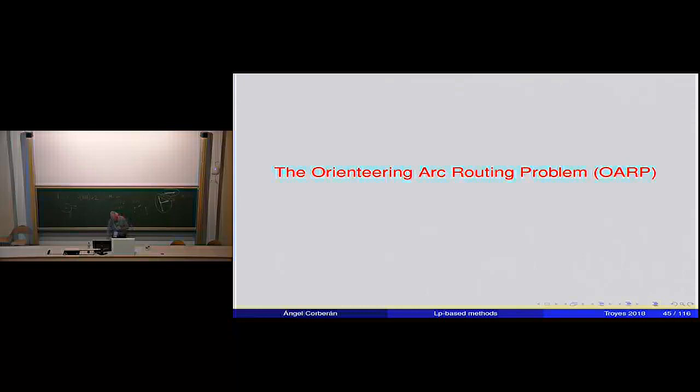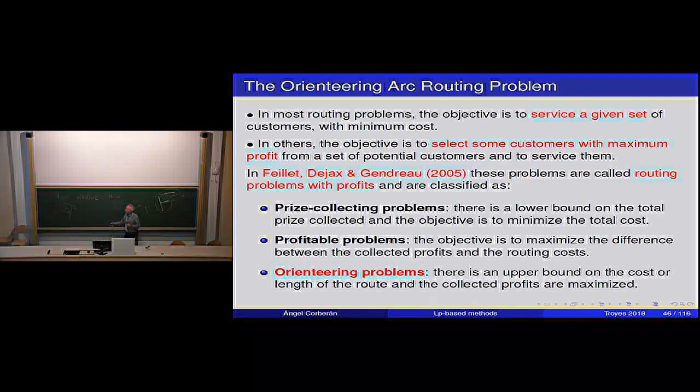Let me tell you a little bit about another kind of arc routing problems that are called arc routing problems with profits. In this case, it's quite an easy problem we call the Orienteering Arc Routing Problem. As you know, in most routing problems, the objective is to service a given set of customers.